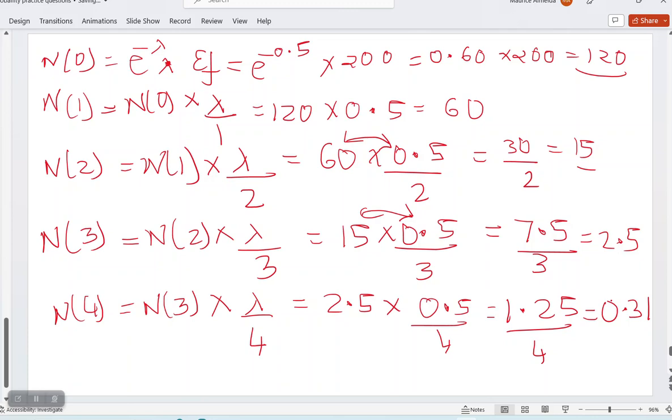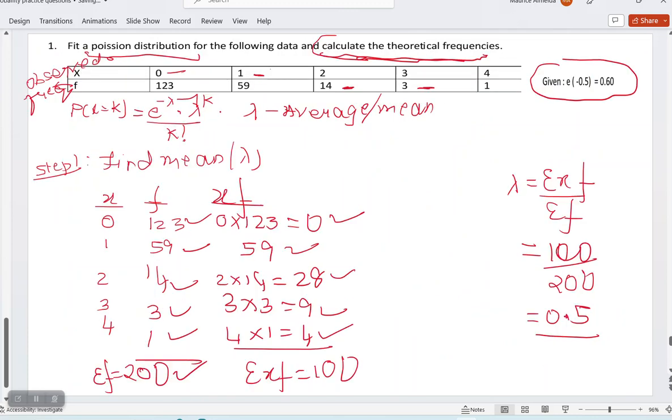So these are the theoretic frequencies. With this the problem is solved. We have found all the theoretic frequencies and solved the problem.